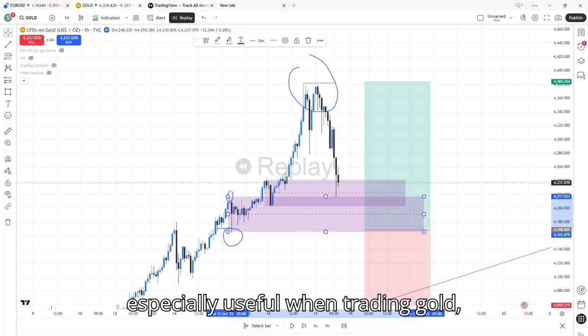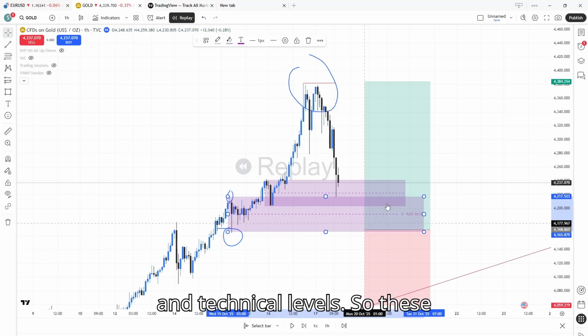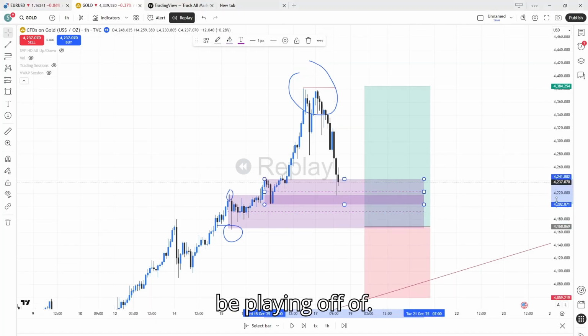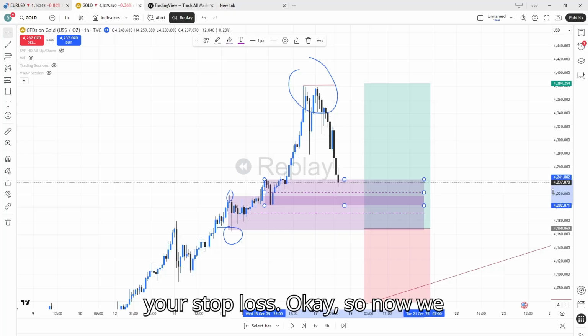This is especially useful when trading gold, which often responds to macroeconomic shifts and technical levels. So these levels are the levels that we will be playing off of. But again, be mindful of the price. Be mindful of your stop loss.